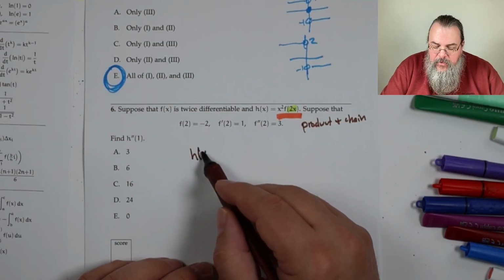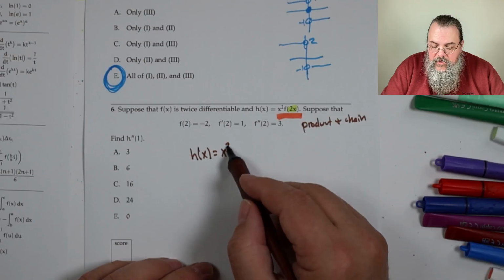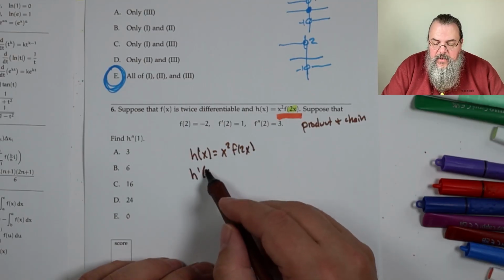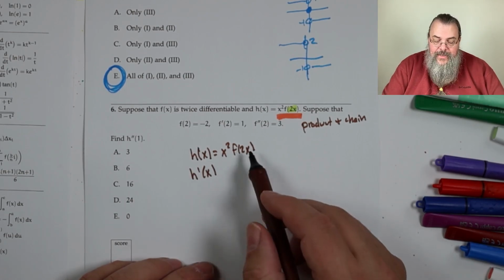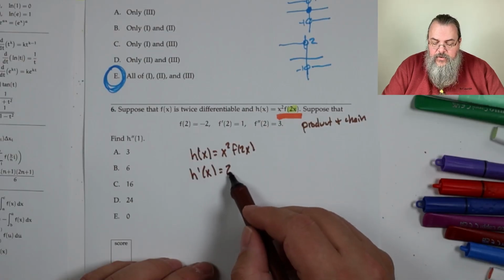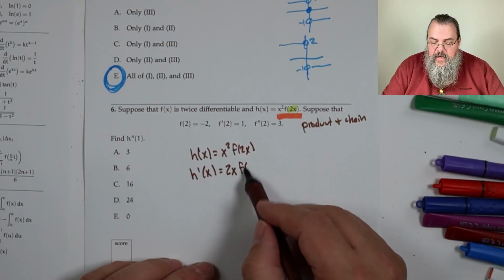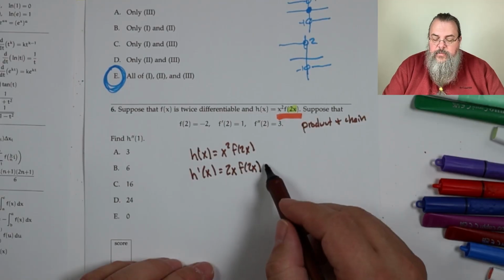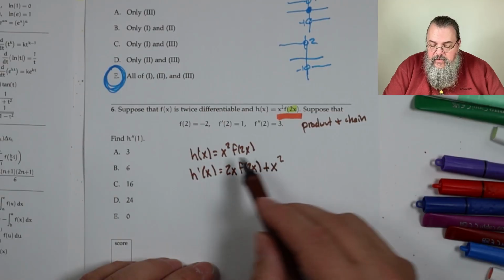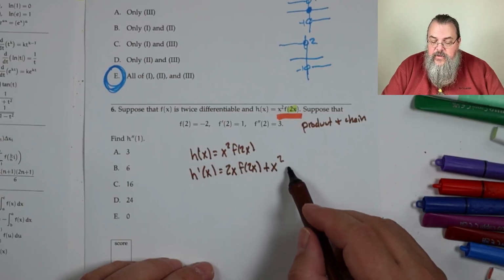And we'll write down h of x for reference, x squared f of 2x. H prime. Okay, product rule. I start by saying get rid of the first, so that would be 2x. Leave the second alone. Plus, now take the first, as is, leave it alone, times the derivative of the second.